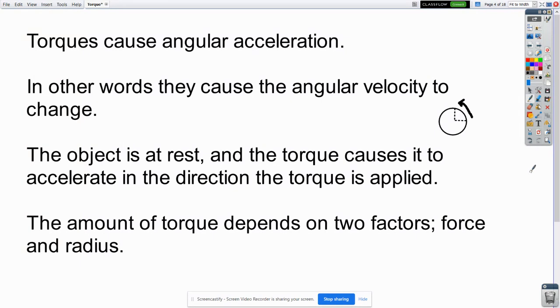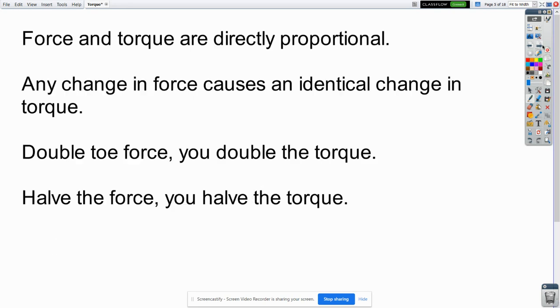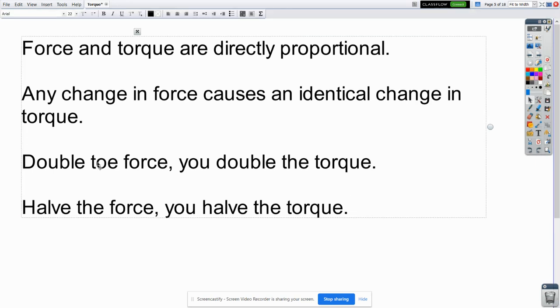The amount of torque that you get depends on two factors, the force and the radius. Force and torque are directly proportional. This means any change in force will cause an identical change in torque. So if you double the force that's acting on an object, you will double the torque that is being applied.